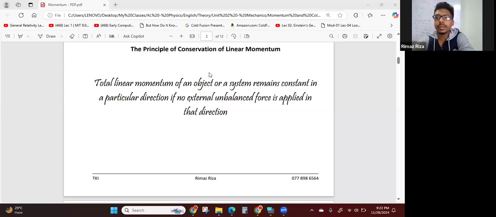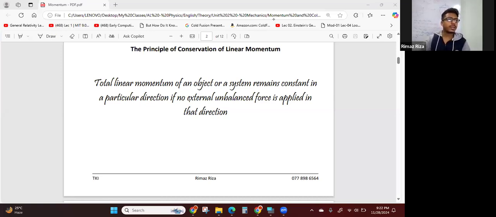Zufar, Abhiushani, please give me a response whether you understood or not. Okay, good. Atika, did you understand? Okay, good. So I hope you wrote this definition or the principle.